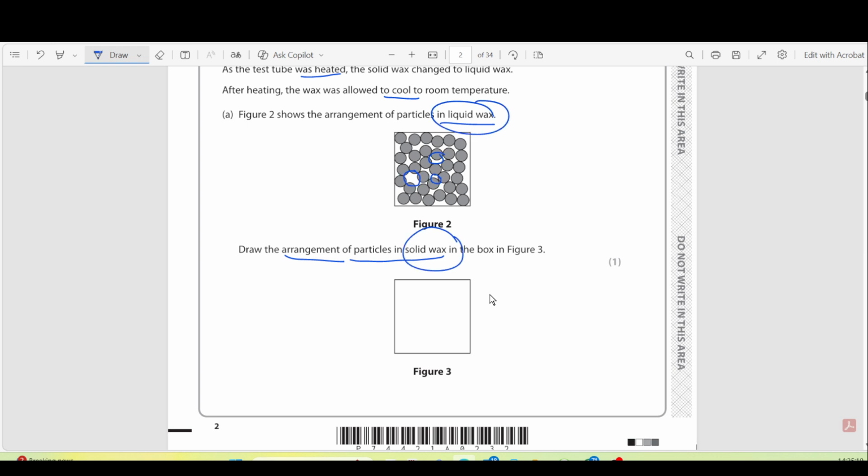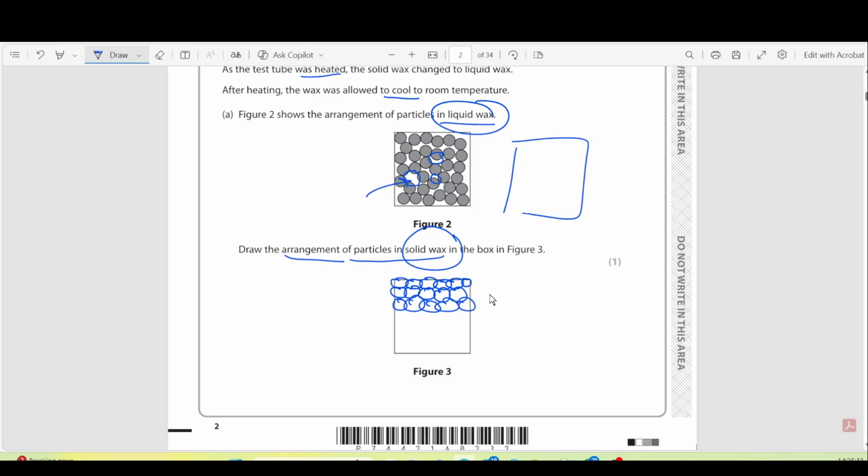But in solid wax, there should be no large gap between the particles. So we need to make a neat repeating pattern like rows and columns. These are particles, and because solid particles are tightly packed, make sure there is no gap, and like this you can make rows and columns. There should not be any gap like this.